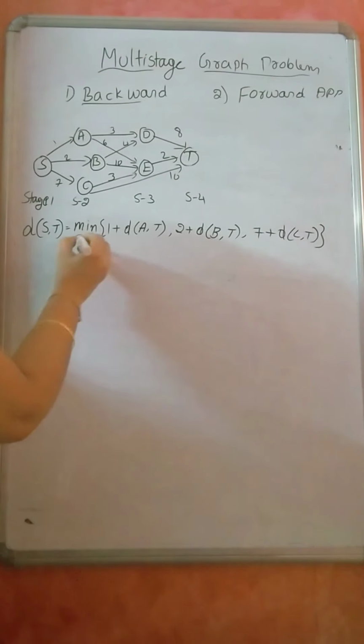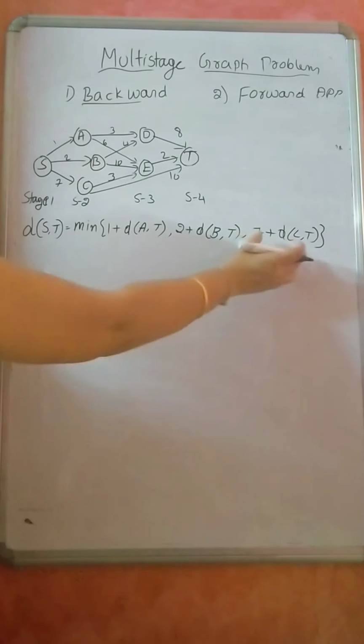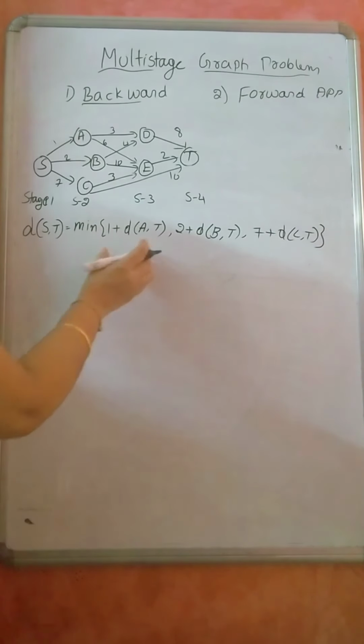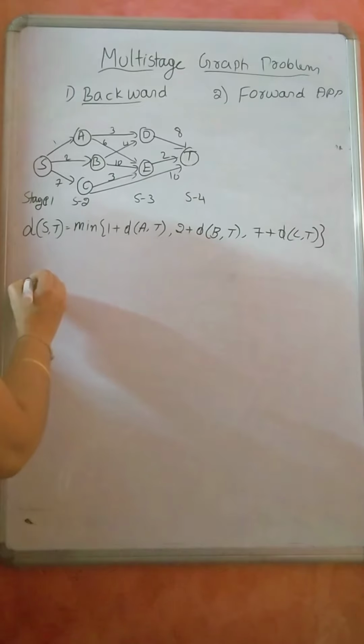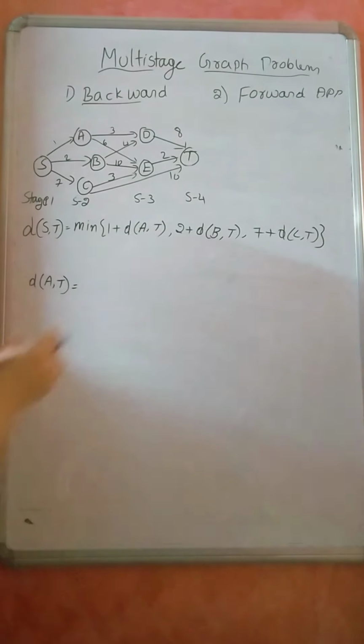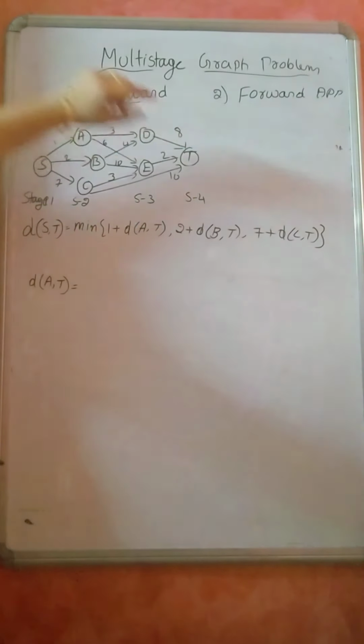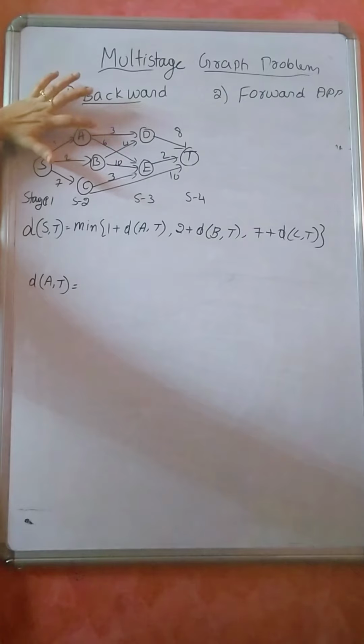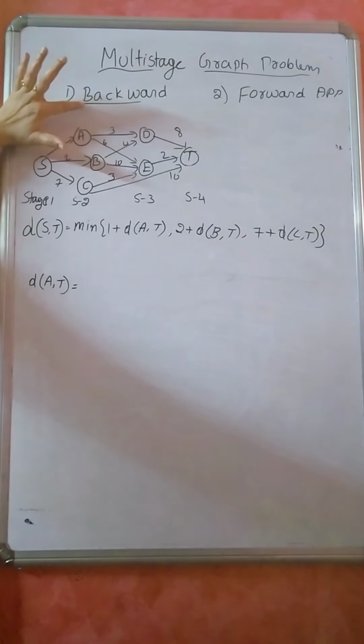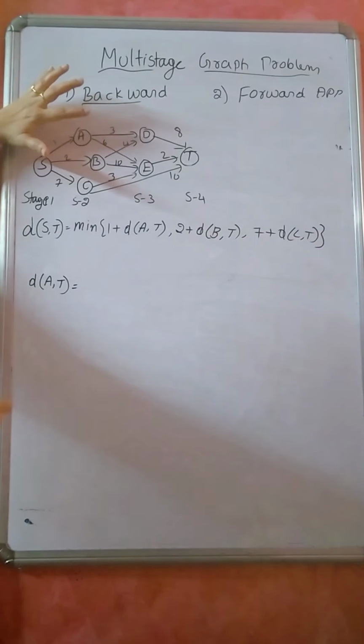Now in order to substitute into this formula, first I need to find D of A comma T, the distance from A to T. How many outgoing edges are there? Remember that in the backward approach we go for outgoing edges, and in the forward approach we check the incoming edges.